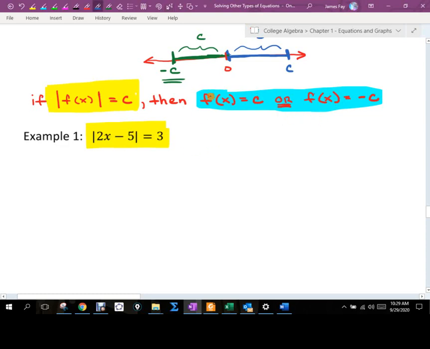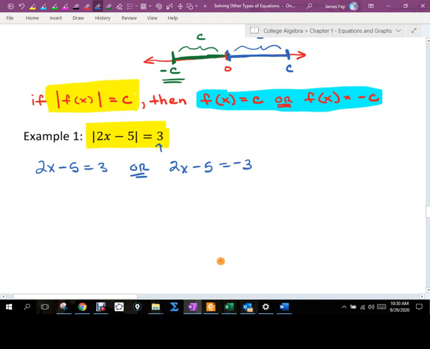It says take your function, f of x, which is 2x minus 5, and you set that equal to c. Well, c is my 3. And then I write or, and take my function f of x, which is 2x minus 5 again, and set that equal to the opposite of 3.